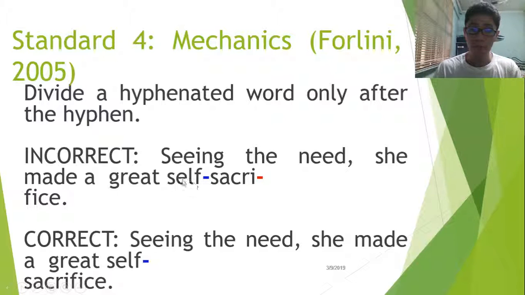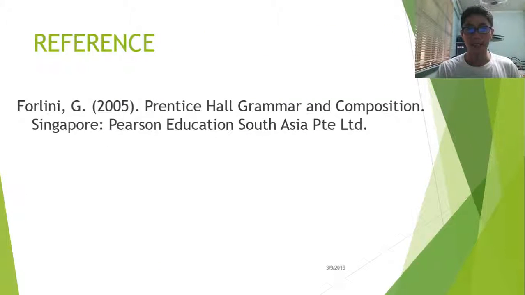So if one intends to divide this into two, then place the hyphen as the last symbol in the line, the last thing that the reader will see, and then place sacrifice in the next line. That's the correct mechanics. So my reference once again has always been Forlini, Prentice Hall Grammar and Composition.